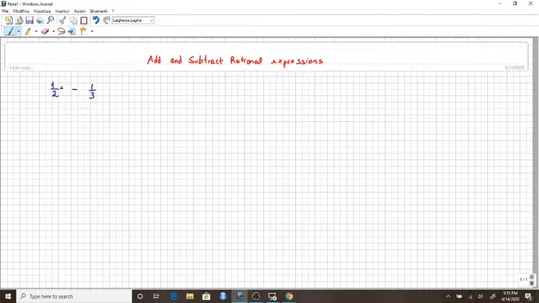So what you want to do is you multiply and divide the 1/2 by 3, so we get the denominator of 6. And here, to go from 3 to 6, we need to multiply and divide by 2. We are not changing the value of this fraction, because 3 divided by 3 is 1 and 2 divided by 2 is 1, but we are rewriting this so that we can combine the two numerators.